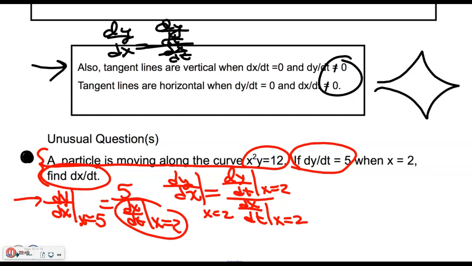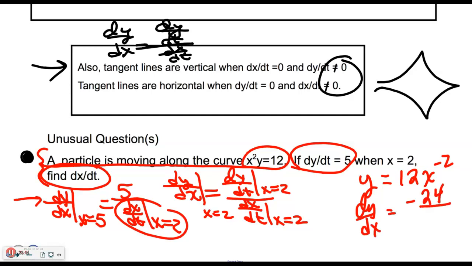Yes. Right? I need y prime. Well, let's go over here and say, well, I know what y is. What's y? 12x to the negative 2. Yep, you're going to want to see the power because you know you're going to be doing dy/dx, right? So my dy/dx would be negative 24 over what? x cubed. When am I doing this?